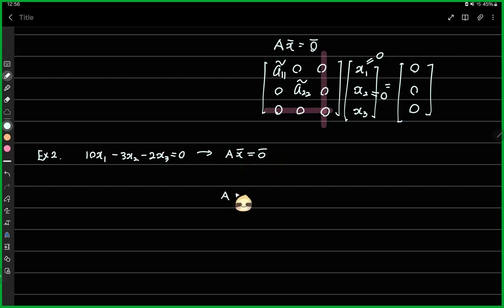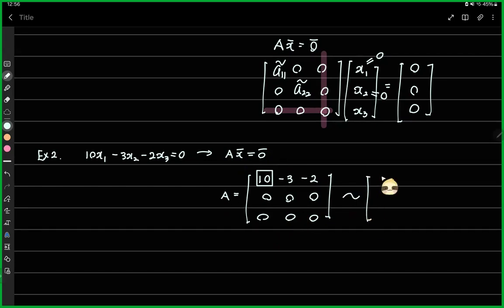A must be 10, -3, -2, and the right-hand side 0, 0, 0. You see that the first column is a pivot column, because this is a pivot position. How can you figure out that this is a pivot position? If you reduce this matrix to echelon form, then what are you going to get?